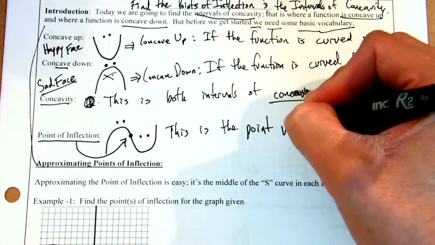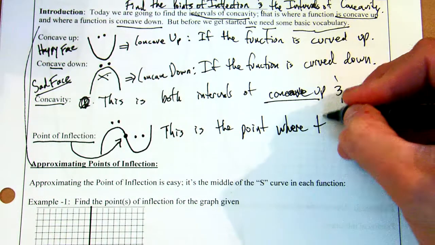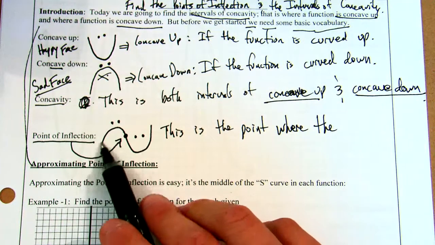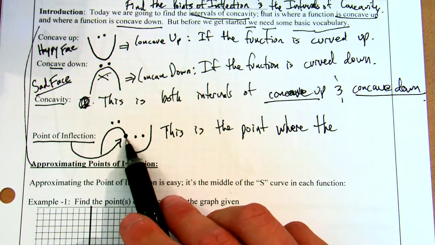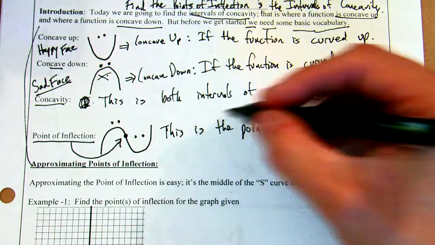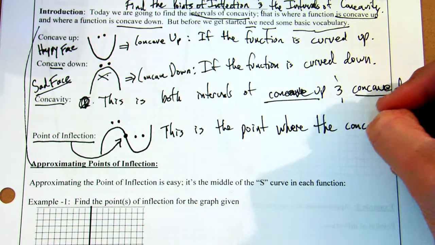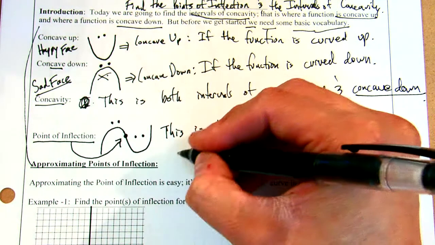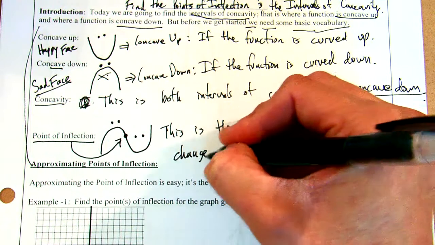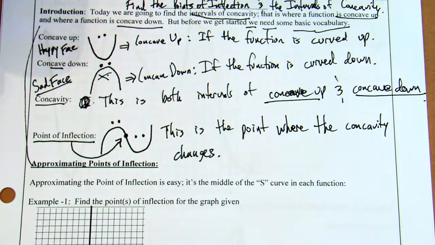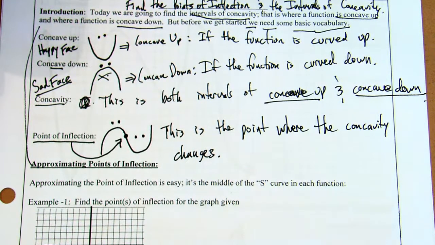Notice, here I was concave down, now I am what? So it is the point where the concavity changes. So in other words, my concavity is going to change in some way, okay? So these are the definitions, and we're going to do some basic examples, and then we will do some harder ones, okay?